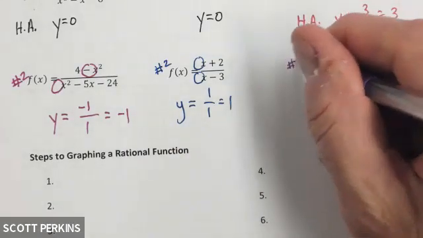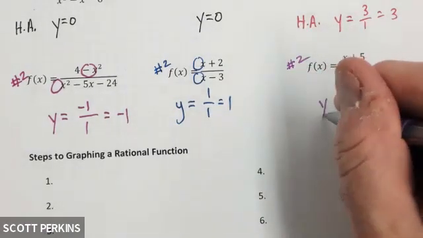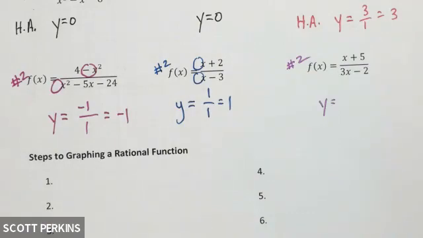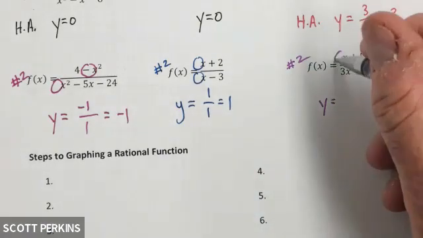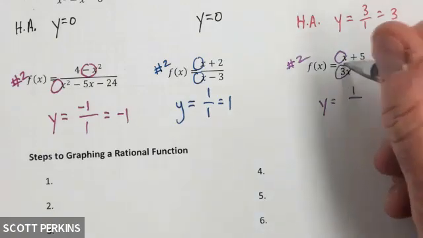So last but not least, this is another situation number 2. And so the horizontal asymptote is going to be y equals, what's the coefficient from the top? A 1. Great. What's the coefficient from the bottom? Great. Excellent.